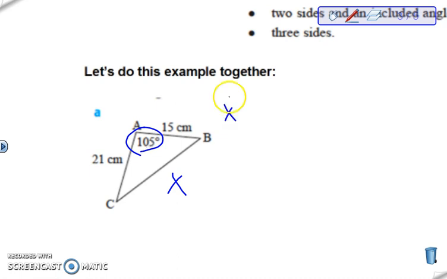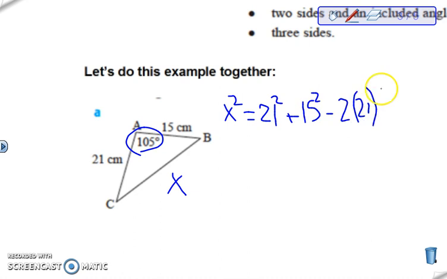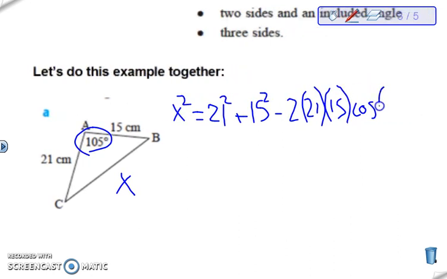So x squared equals 21 squared plus 15 squared minus 2 times 21 times 15 times the cosine of 105 degrees.